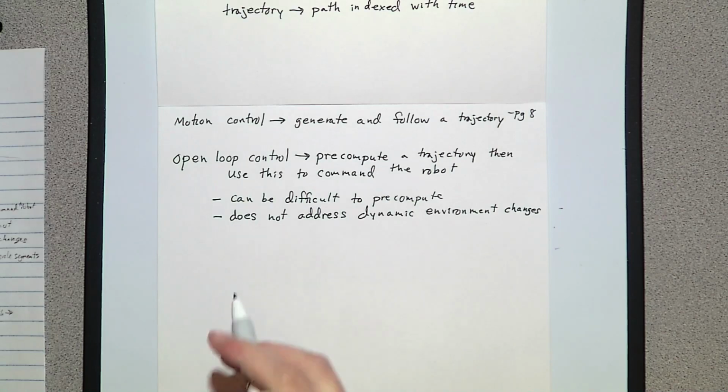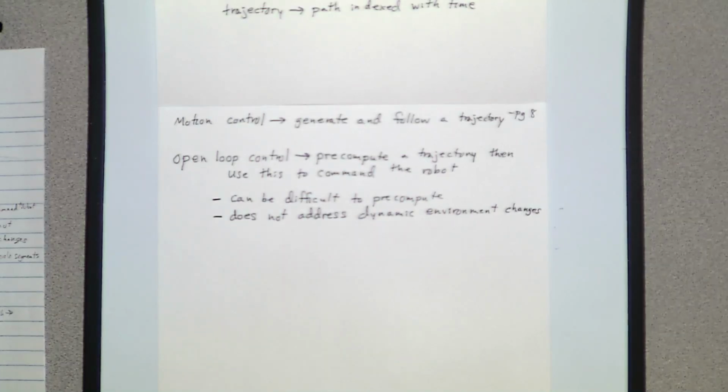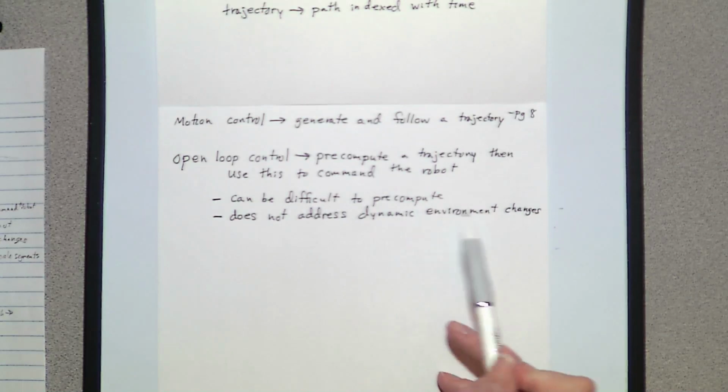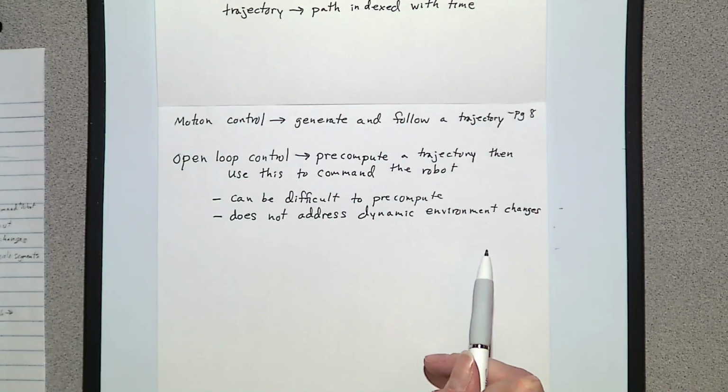So if you just do open loop control, you just send the commands, and it doesn't matter if stuff moves around in your environment, or if you start accumulating error in your wheels, you don't take that into account with the open loop control.